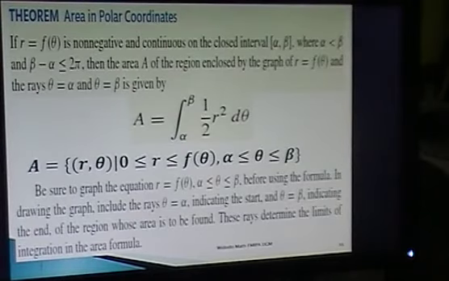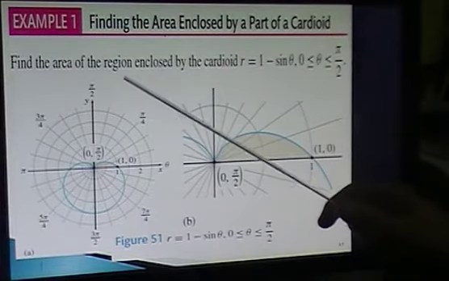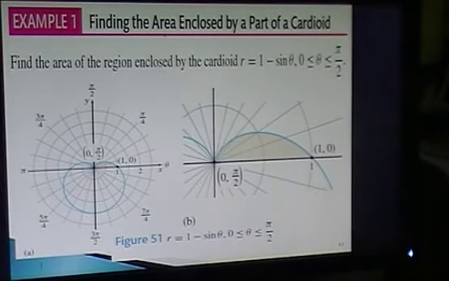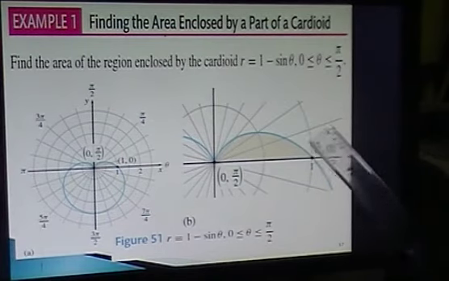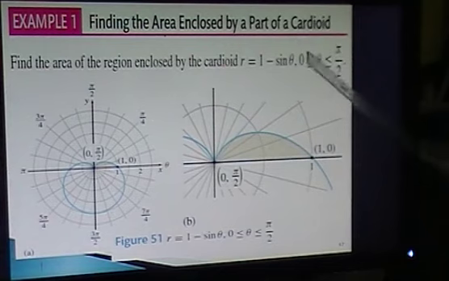We will continue our discussion with some examples. For example, if you want to find the area of the region enclosed by a cardioid, where r is equal to 1 minus sin theta.